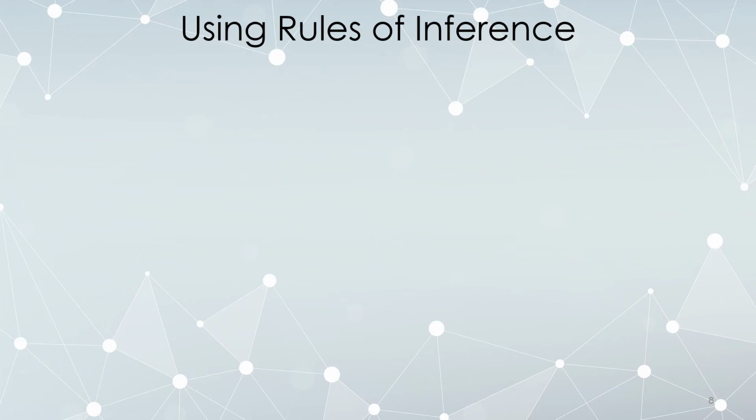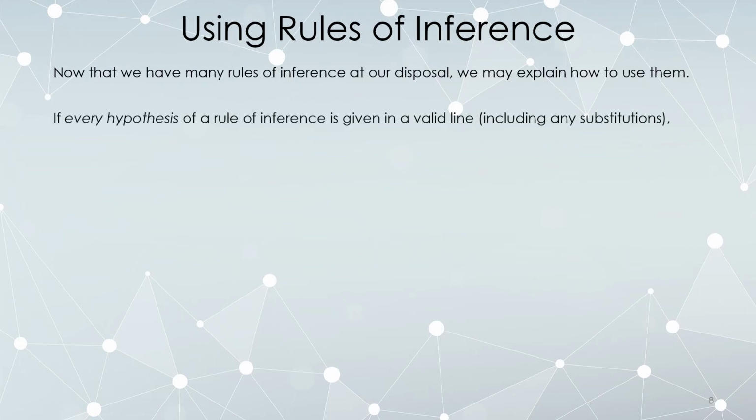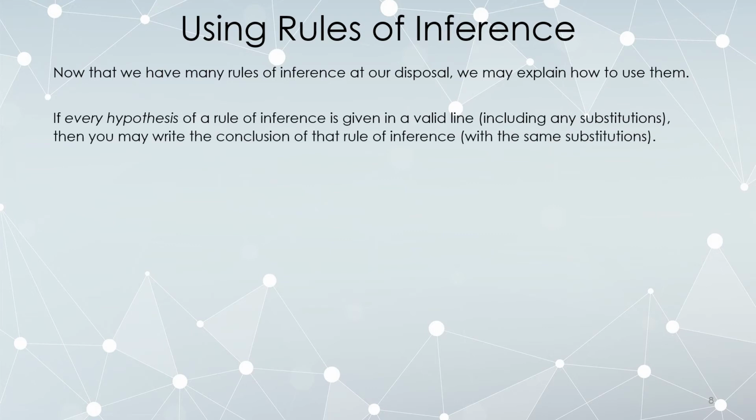So we have a bunch of rules of inference, these logical equivalences and other things. How do we use them to construct proofs of other rules of inference? So if every hypothesis of a known rule of inference occurs as a valid line, possibly including some hidden substitutions, then what you can do is write the conclusion of that rule of inference using the same substitutions.